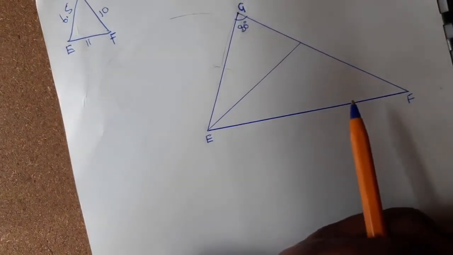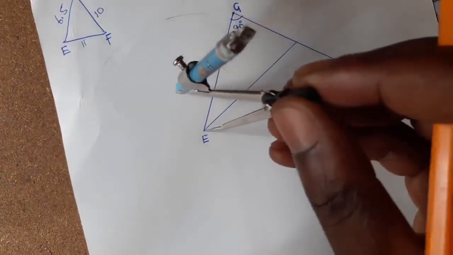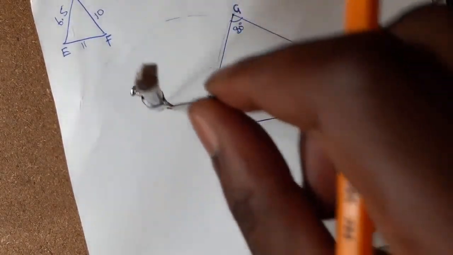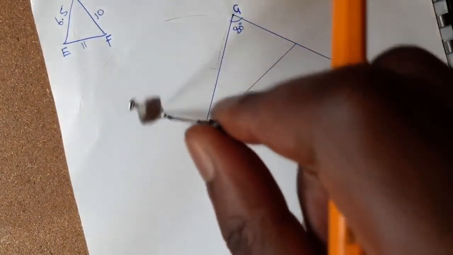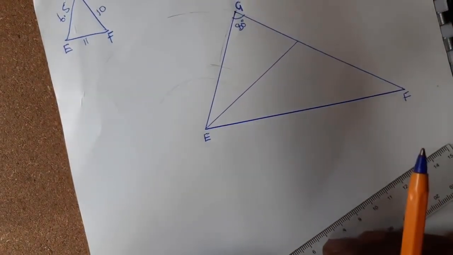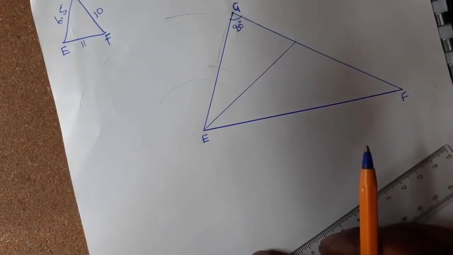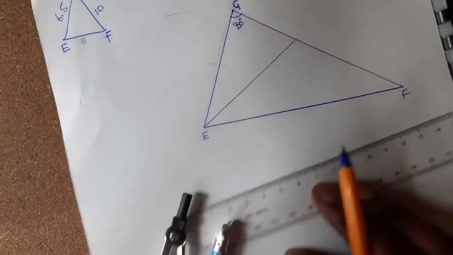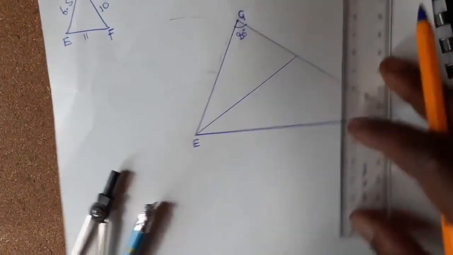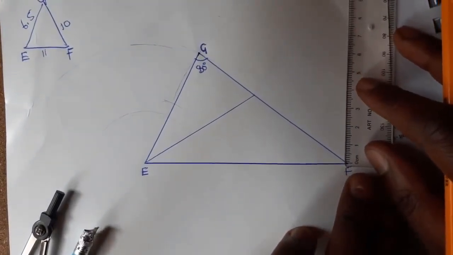Let's see. Okay, so draw an arc, this one. Let me just confirm if it hasn't moved. No, it has moved. All right, alternatively, we can measure 2.5 from here.